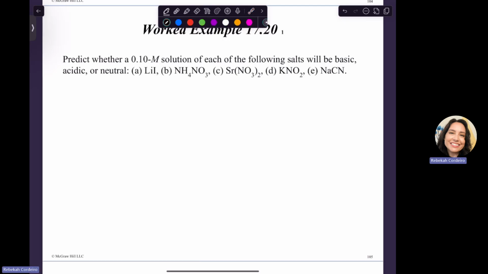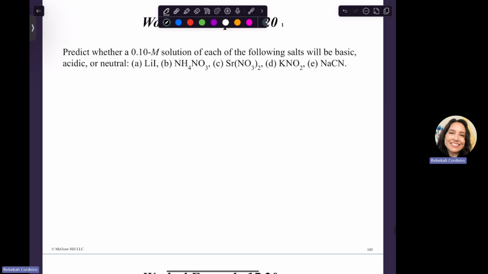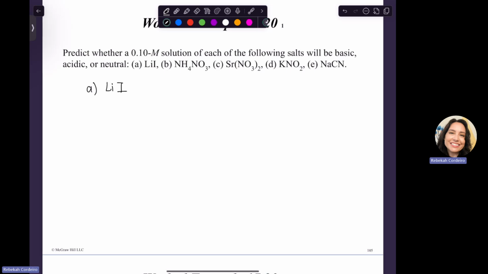Let's do some of these. So I want you to go ahead and pause and try this one. I don't want you to do any math. I want you just to predict, is it basic, acidic, or neutral? And then we'll take a look at it. So for A, you have lithium iodide. Let's break it into two pieces, lithium ions and iodide ions.